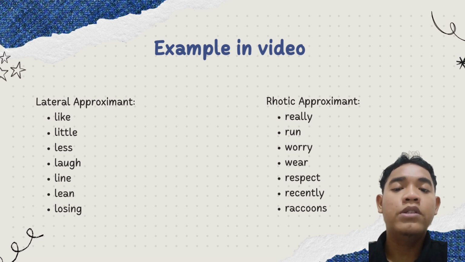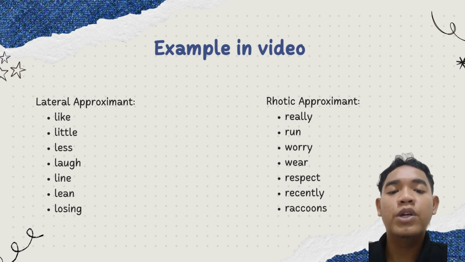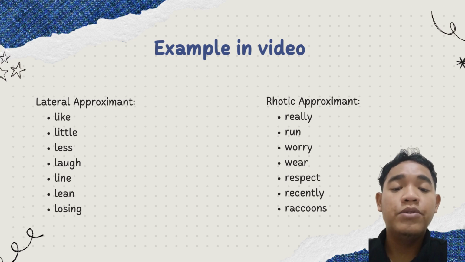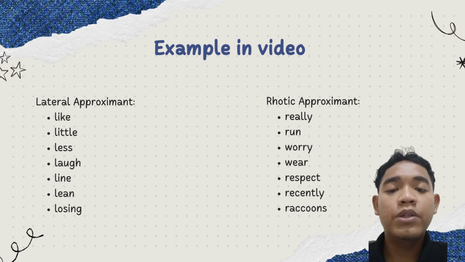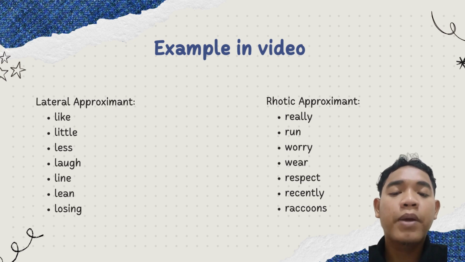All of these words use the L sound at the beginning of the word and are pronounced clearly. Examples of the rhotic approximant in the video include words such as really, run, worry, wear, respect, recently, and raccoons.